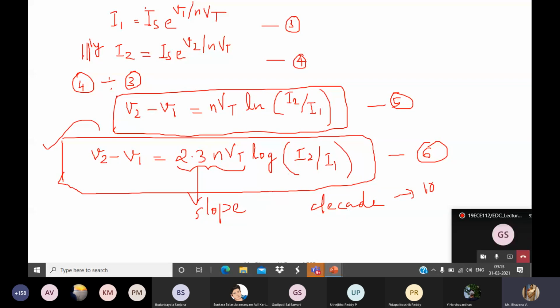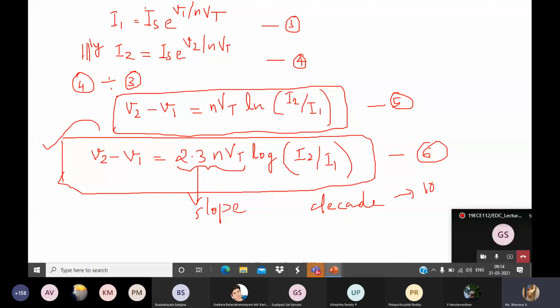So this is the slope. 2.3 nVT is approximately 60 millivolt for n equal to 1, and 120 millivolt for n equal to 2.